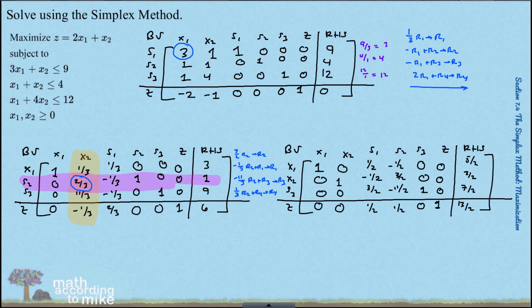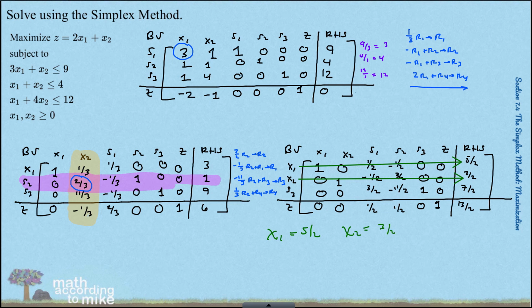Okay, so let's make sure you got the same thing. And since there are no more negatives in the objective function row, that means we are done. So we can read across. x1 is basic. Ooh, I made an arrow this time. So x sub 1 is 5/2. And then x sub 2 is also basic, so read across. x sub 2 is 3/2.